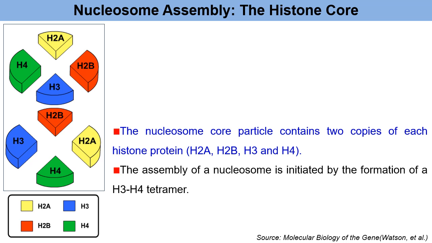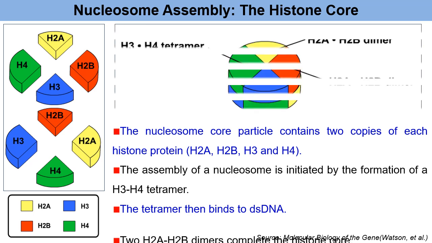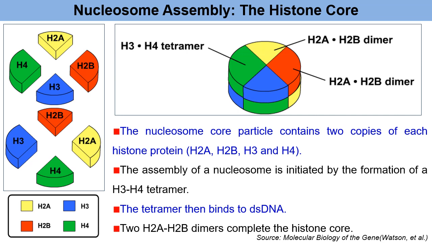So basically, the association of this H3H4 tetramer is the first step in nucleosome assembly. This tetramer then binds to a double-stranded DNA and recruits two H2A, H2B heterodimers to complete the histone core.